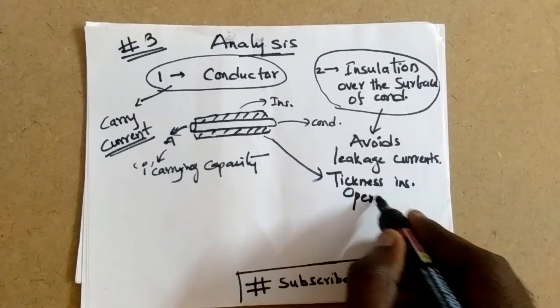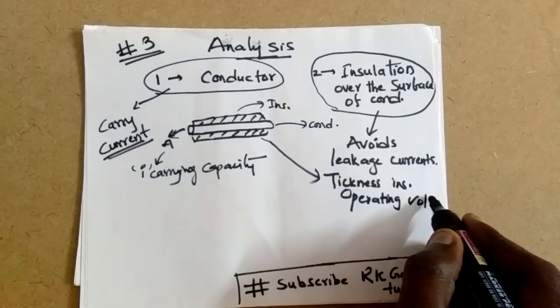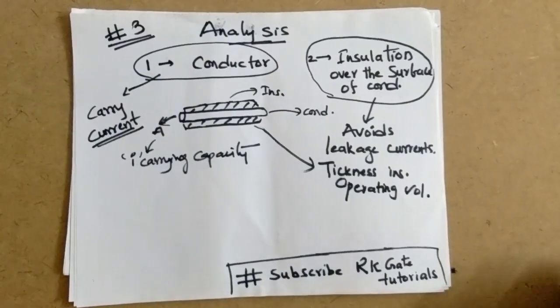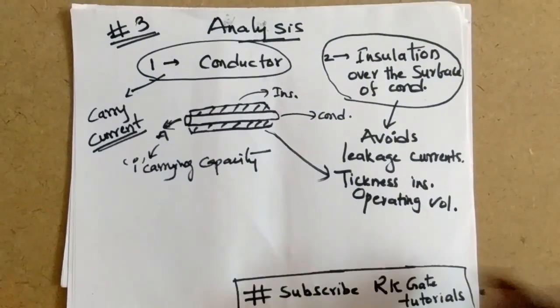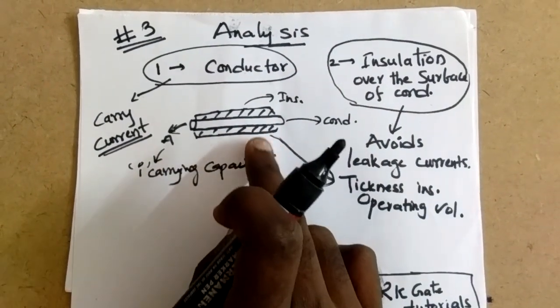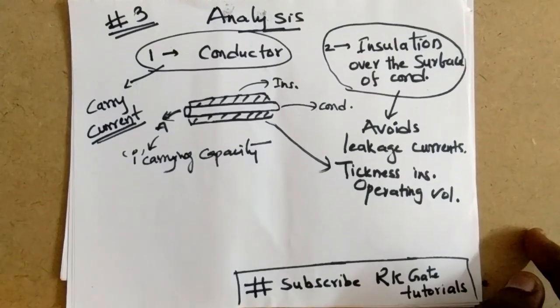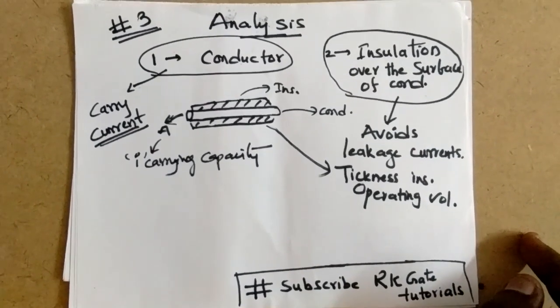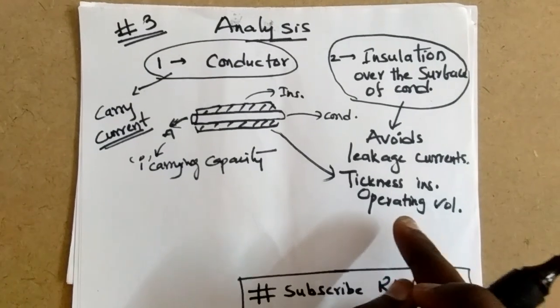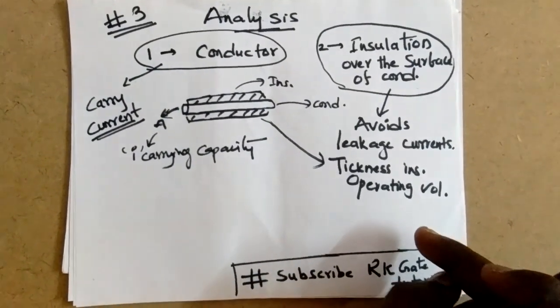Depending upon the operating voltage, the thickness of the insulation is varied. This is one more point. These may be asked in the GATE also, so just make a note of it.